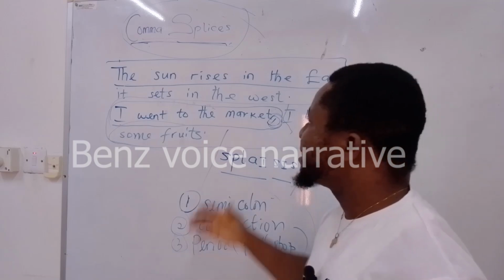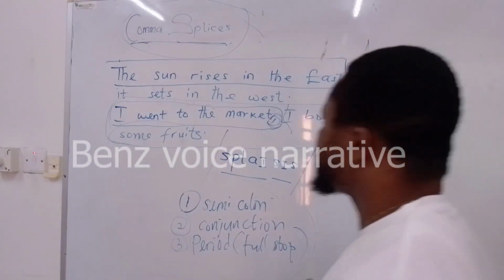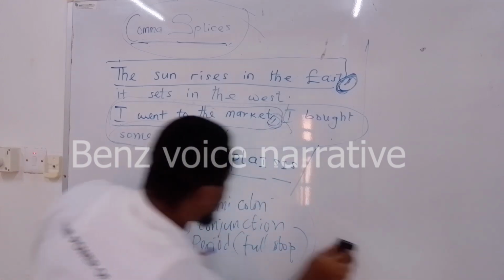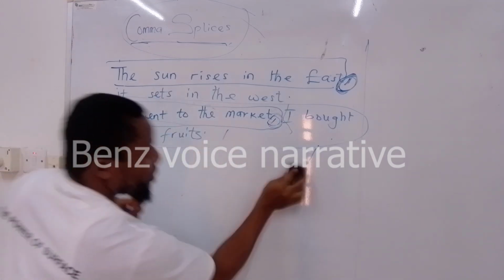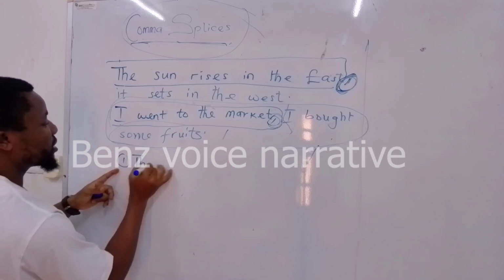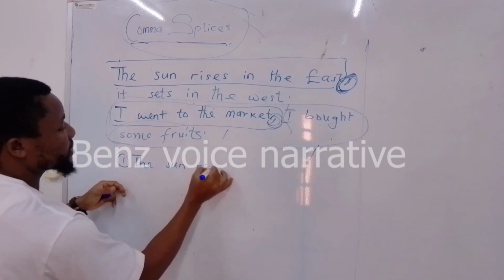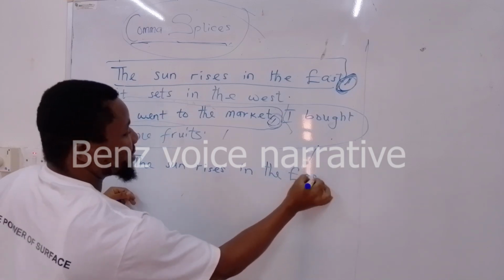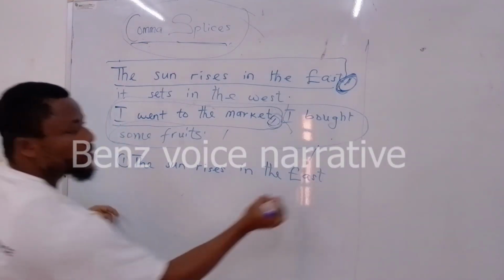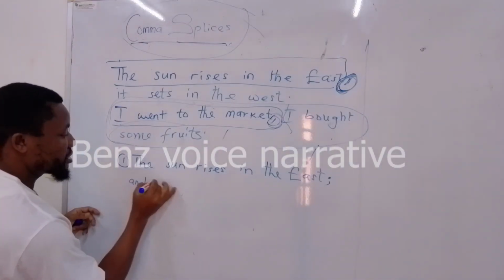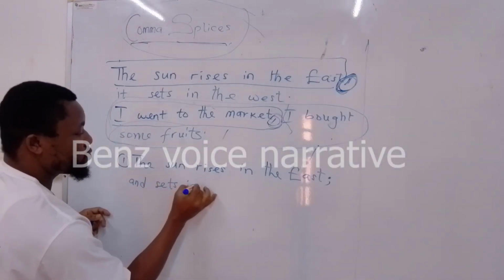Now let's have example sentences. First, let's do the first one here. Let's use the two existing sentences. The first is, the sun rises in the east, semicolon, not comma, and sets in the west.